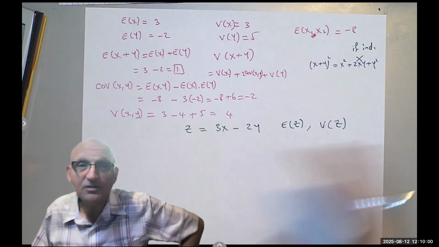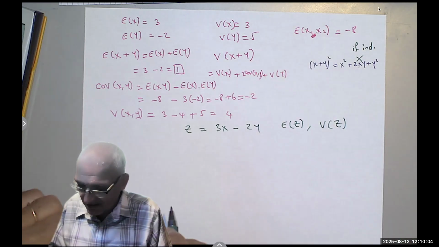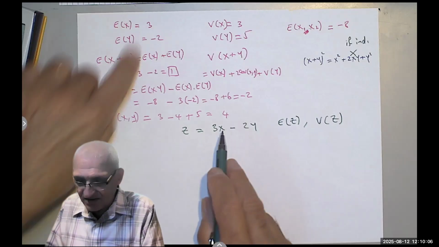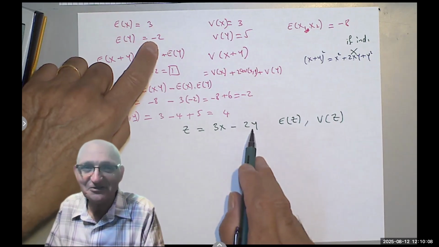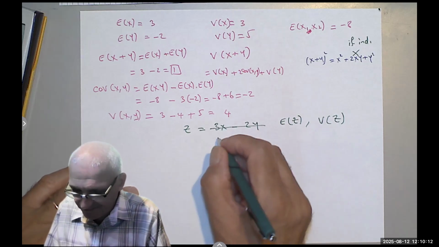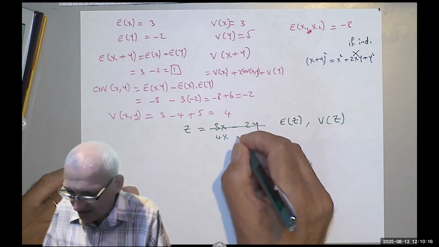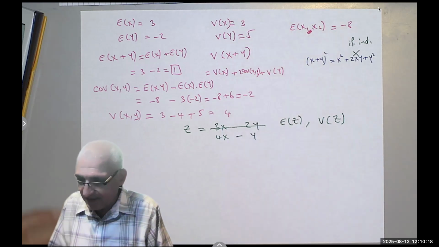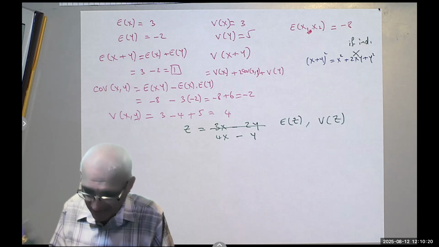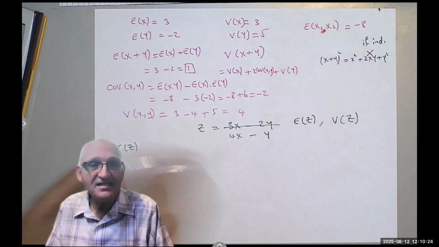Now, let's see how easy it became. Well, I used the same numbers just by coincidence. Let's change that. Let's say z equals 4x minus y. Okay, and I want to find the expected value of that. So the expected value of z, that's the easiest thing.